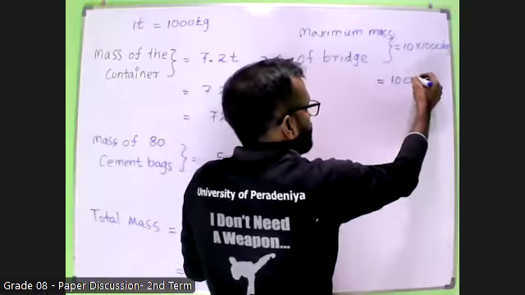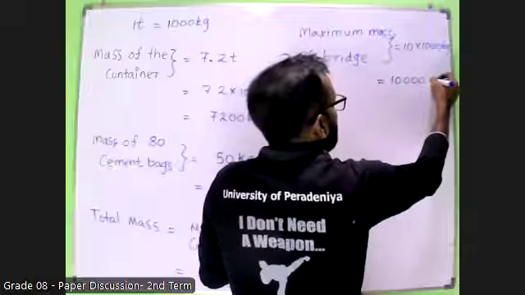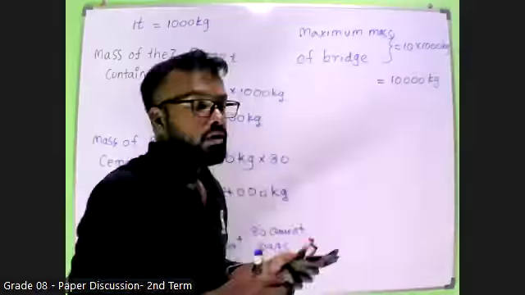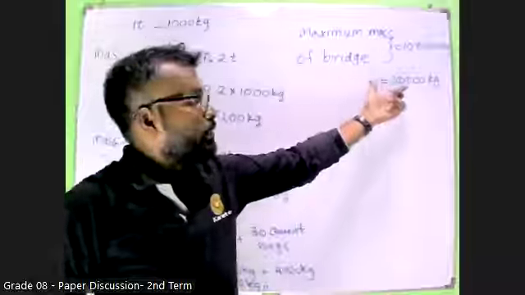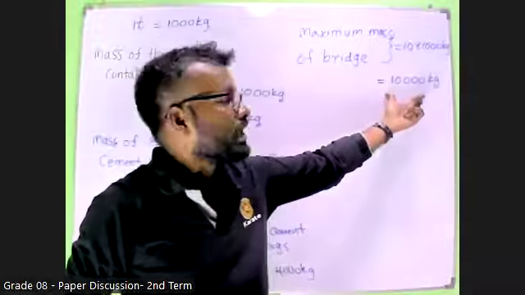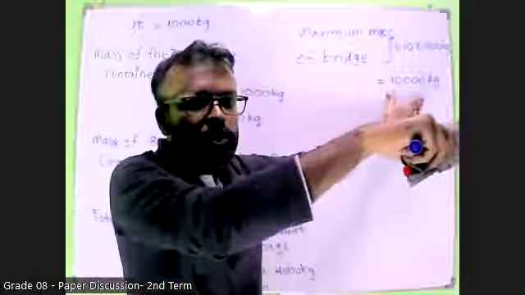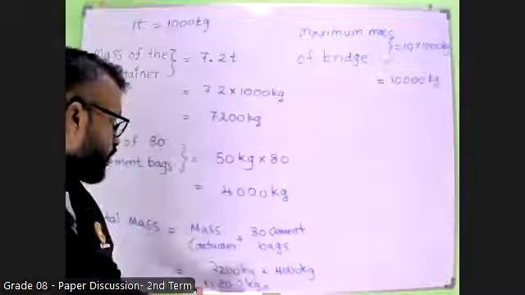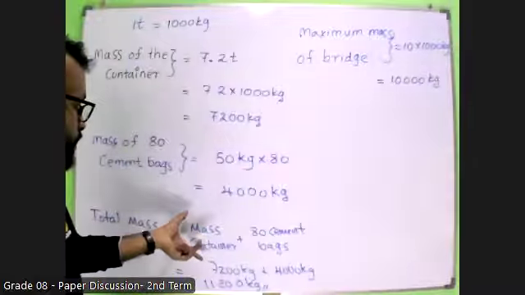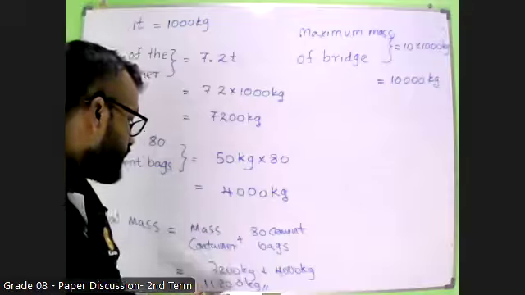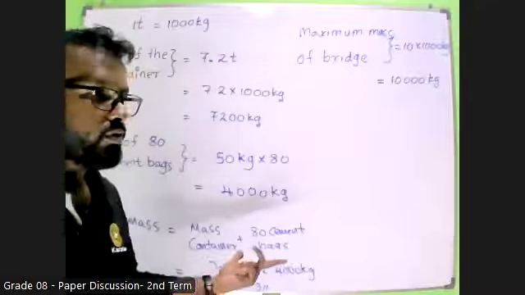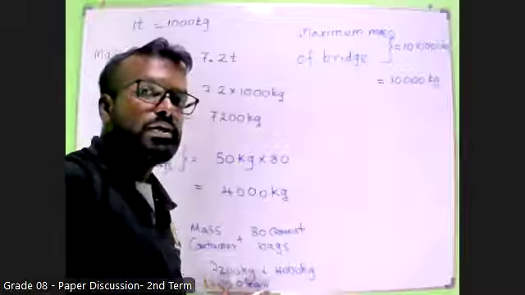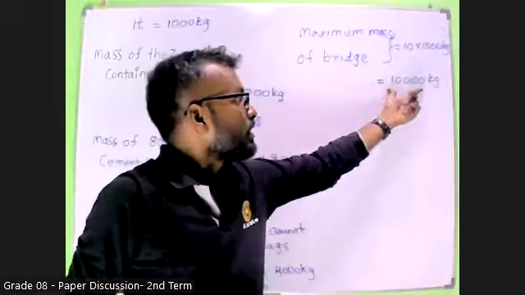This is 10,000 kilograms. Now this is the maximum mass that we can bring on the bridge. Now, what is the total mass of the container plus 80 cement bags? It is 11,200. So definitely 11,200 kilograms is larger than 10,000 kilograms.